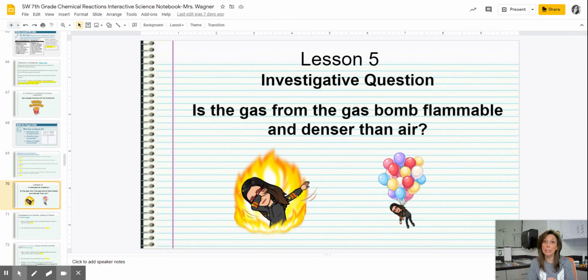Now, if it does, we can take a look at all the different gases that have that property, and maybe start to narrow it down. Same with density. If the gas is denser than air or lighter than air, that's a property of substances. And if it's denser than air, then we can again use that to help us identify, sort of eliminate the different gases, based on that property.